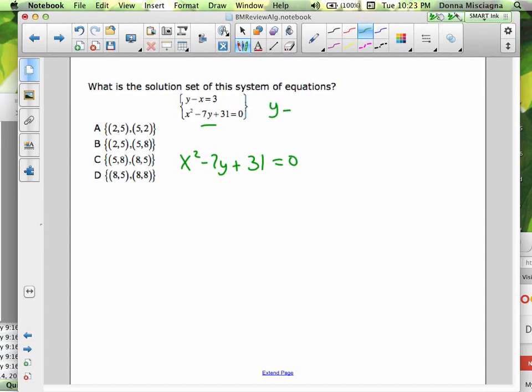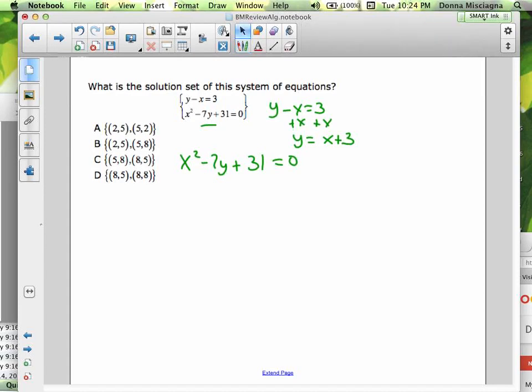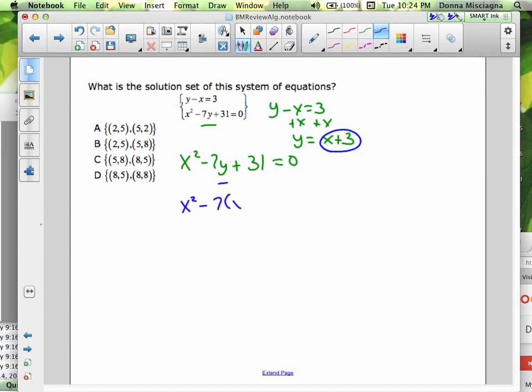So I have y minus x equals 3. We'll add x to both sides, and we have y equals x plus 3. What we're going to do is, where we see a y in this equation, we're going to replace it with x plus 3. So we have x squared minus 7 times (x plus 3) plus 31 equals 0.